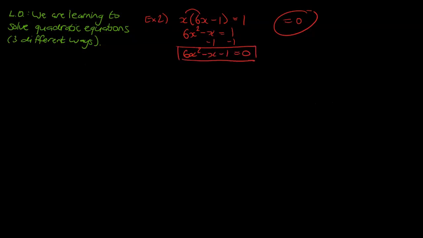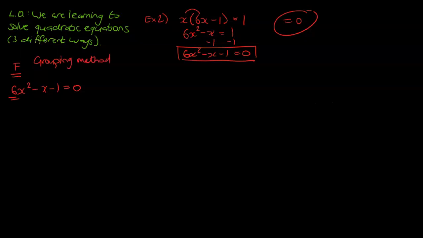We can then go ahead and use all of the three methods to calculate that. So our first one, hopefully you can recall what it was. That was the F method, which stood for factorizing. So 6x squared minus x minus 1 equals 0. And when you're factorizing with a coefficient in front, you are going to be using that grouping method that we've looked at earlier.